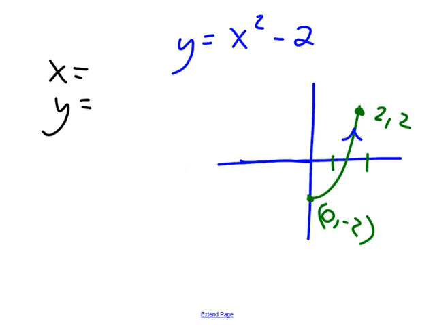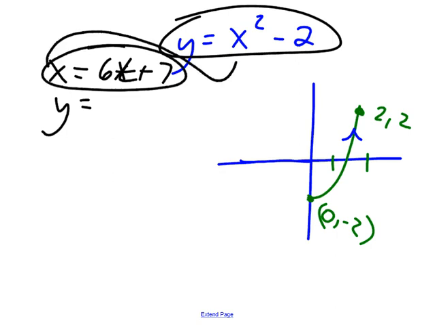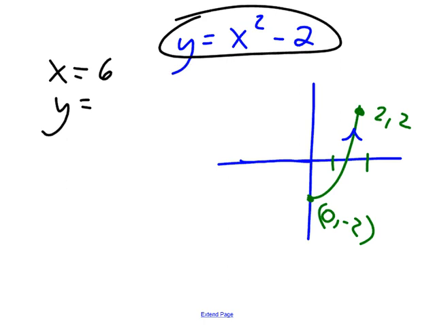All right, and you already have a y equals equation. So there's the hard way and the easy way. Hard way is if I tell you, like, okay, I want your x equation to be like 6t plus 7. Then you'd have to put this in where x is, and it would be really icky. What's the easy way? You can pick whatever you want x to be.